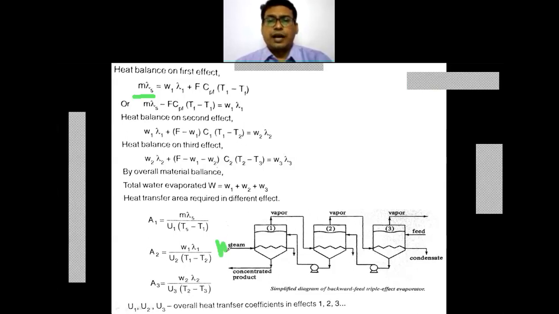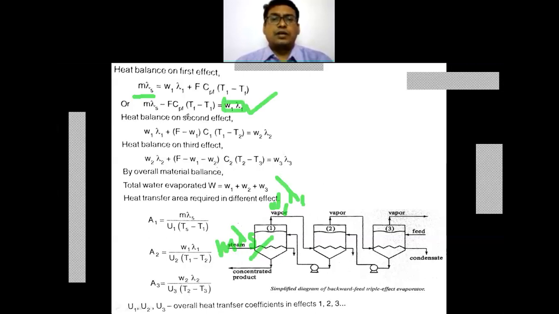Here it's m lambda s, which equals W1 into lambda 1 plus the feed term with the temperature difference from T1 to Tf. So this is the amount of heat, W1 into lambda 1.